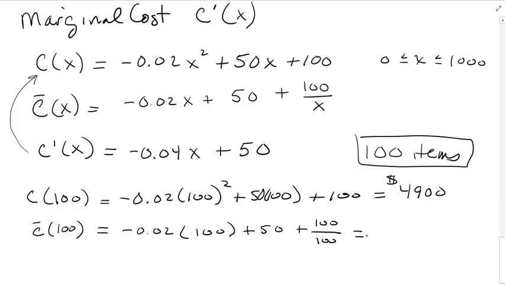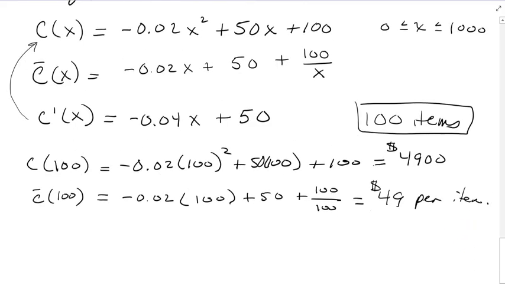Or you can just take the 4,900, which you already found, and divide by 100. Either way, you should get $49 per item. So that means up to the first 100 items, it was averaging $49 an item. Only up to the first 100 items, averaging $49.